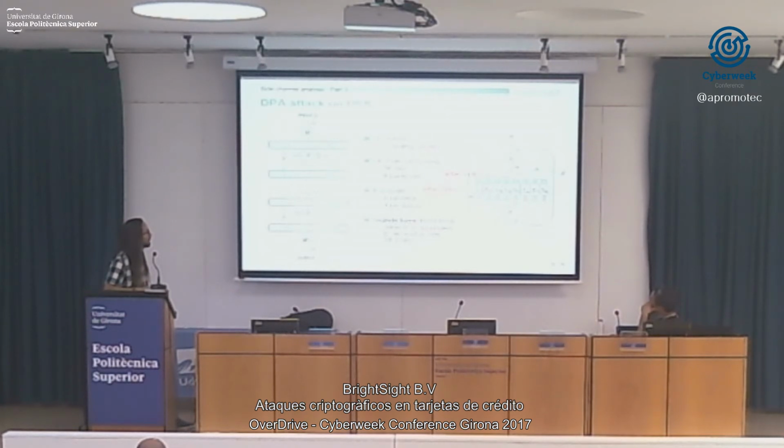We can also focus the attack here at the output of the S box, or for instance, at the output of this XOR with the left part with the output of this function. There are more points because we can use the Hamming distance between the output of the XOR and the input, the output of the S box and the input, the Hamming distance between these points, or between these points too.